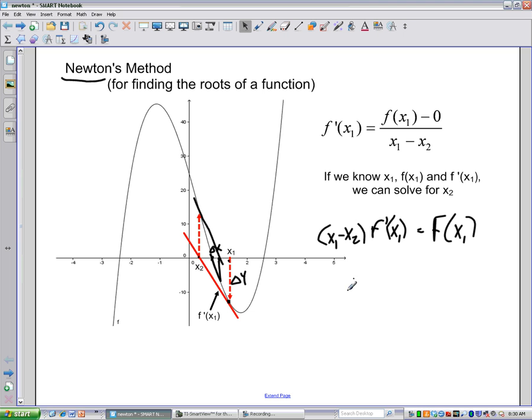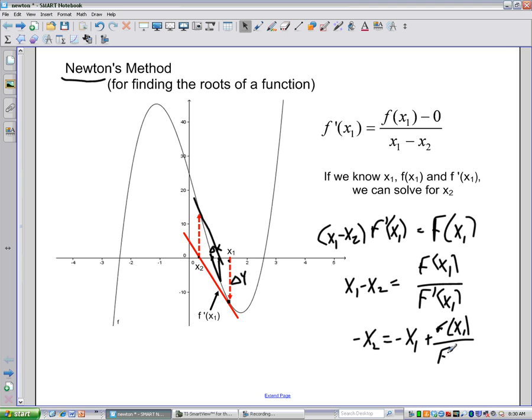Now if I divide both sides by f prime, I get f of x sub 1 over f prime of x sub 1. We want x2 by itself, so I subtract x1 from both sides, so I end up with negative x sub 2 equals negative x sub 1 plus f of x sub 1 over f prime of x sub 1.